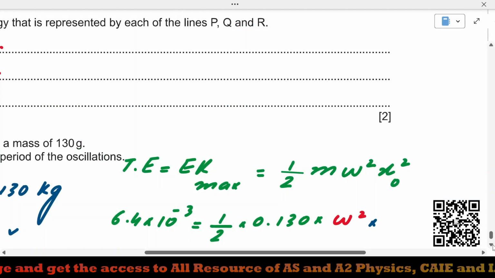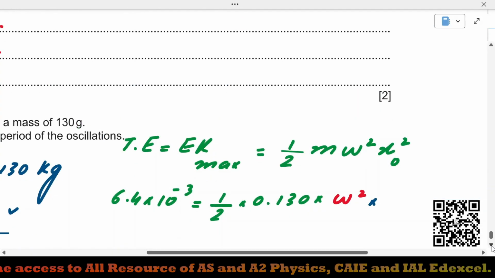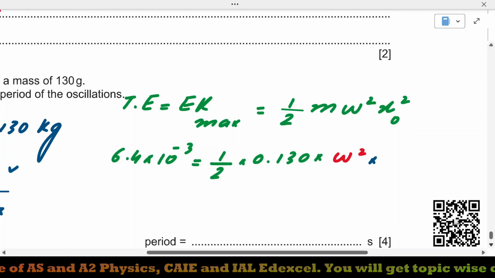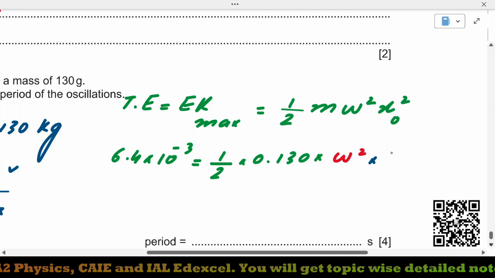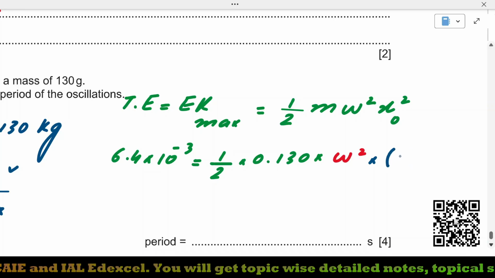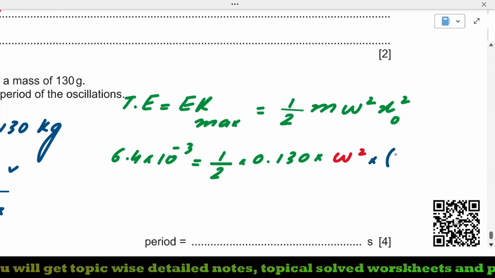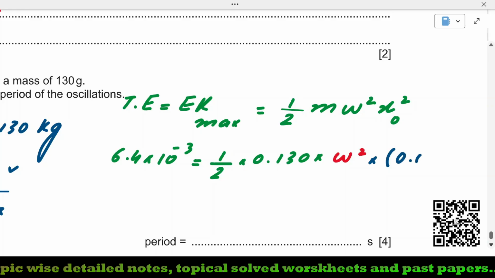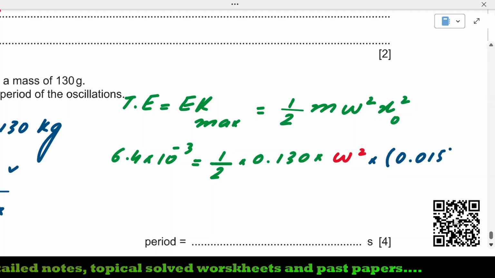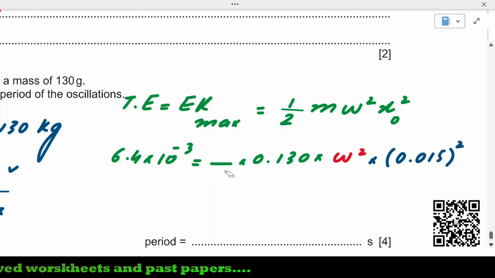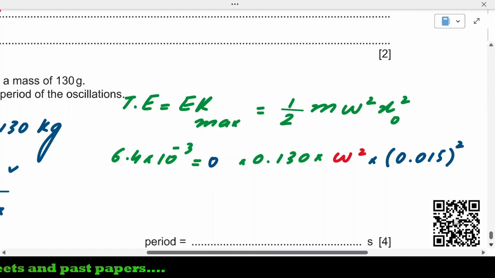Okay, so the amplitude capital A, or x naught, however you want to represent it, was 1.5 centimeters, which means 0.015 meters, and then the square of it. So 1 over 2, I can write it as 0.5. It'll be easy on the eyes, nothing else.